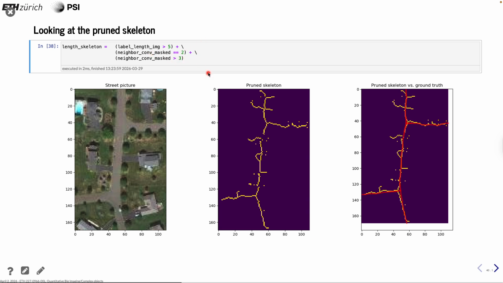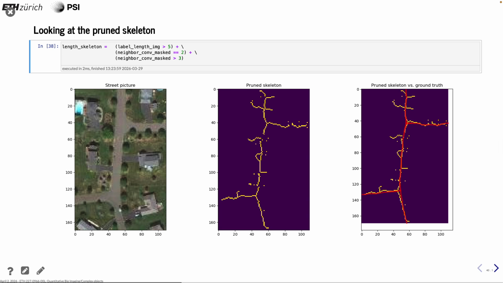But so we can prune it even more. So we took out now all the pieces that were too short, and you can see some endpoints still in this image. So those we also want to get rid of. But here you can see what the pruned skeleton looks like versus the ground truth.